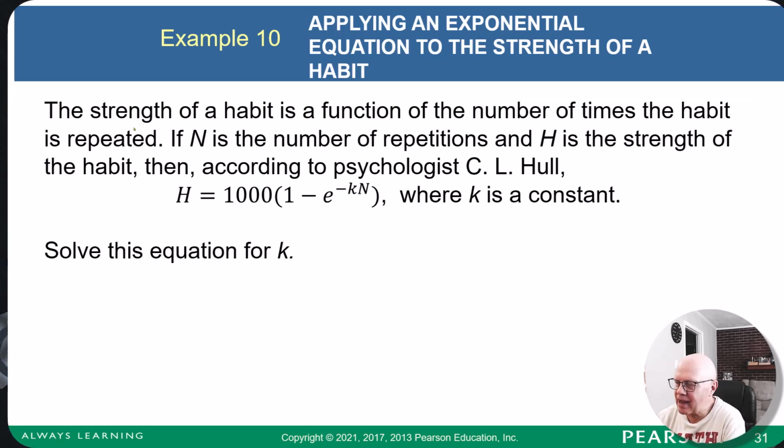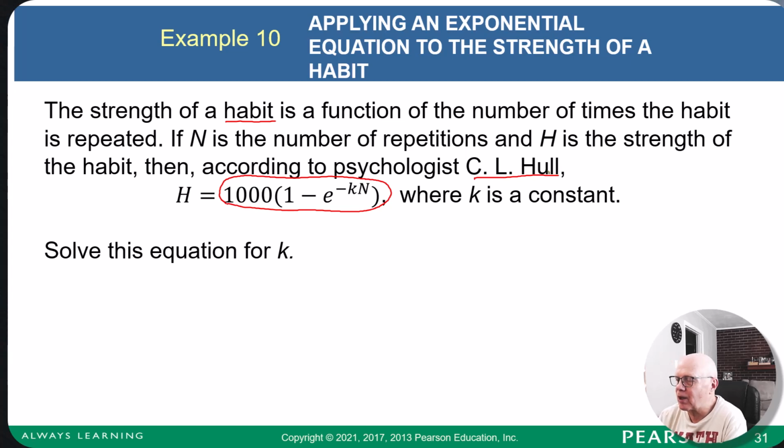Now here's an example that you might find interesting. It's the strength of a habit, like the habit of going to school every day, the habit of having the same thing for breakfast every day. There are lots of habits, of course. Well, the strength of that habit is following this equation, or this formula, according to C.L. Hall.